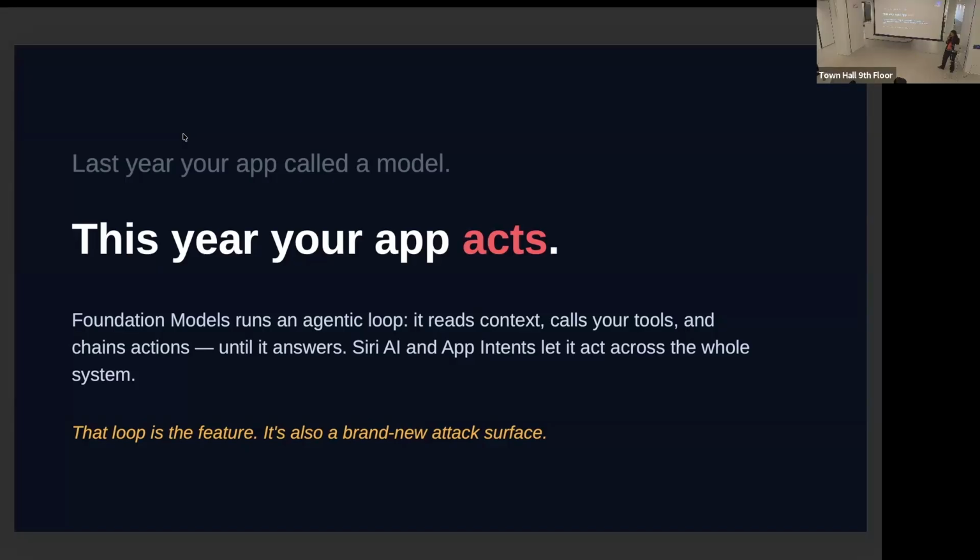It reads your context, it takes an action, and it also uses outside world context in your app until it answers. So it's a loop that keeps going on. Siri AI and app intents let it act across the whole system. This loop is a feature, but it's also paving the way to brand new attack surfaces.